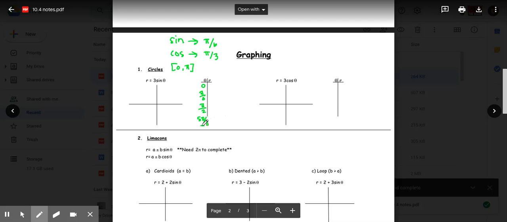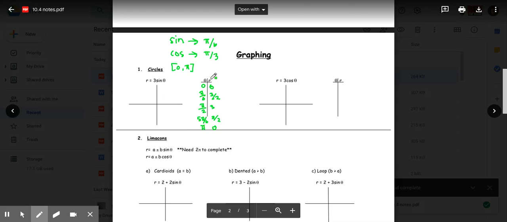And then to complete the circle would be pi. So when you take these thetas and plug them in, you should get 0, 3/2, 3, 3/2, and 0.